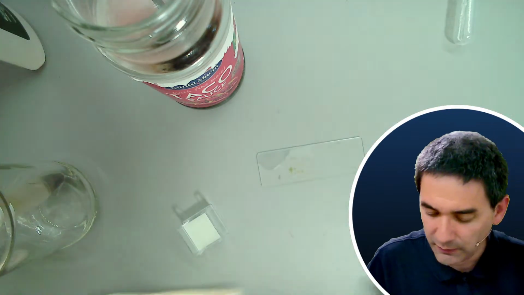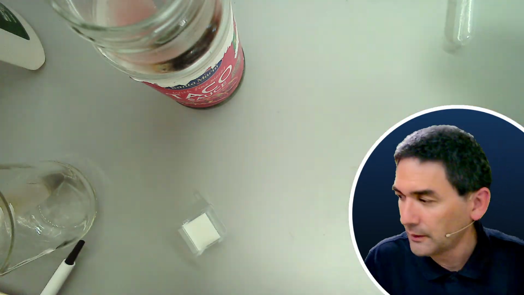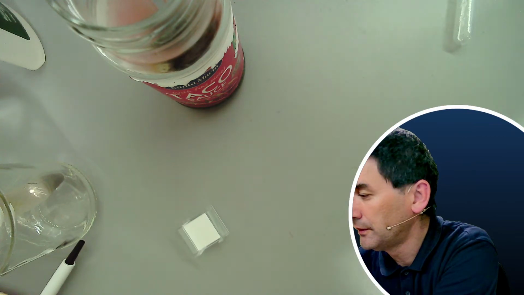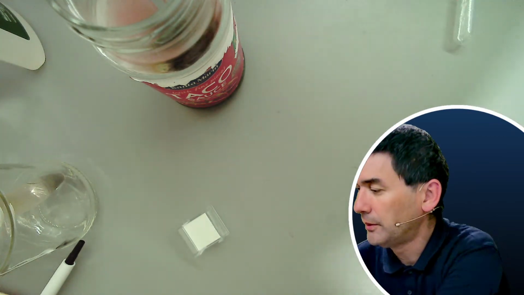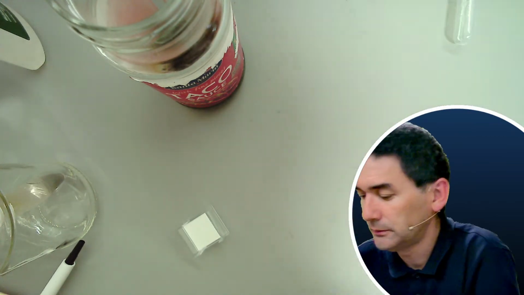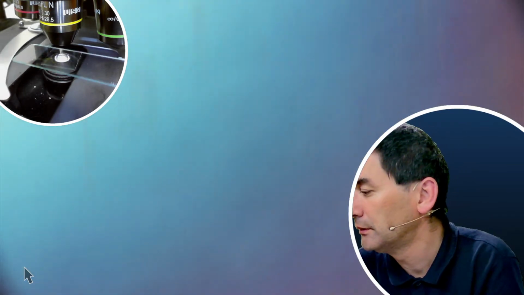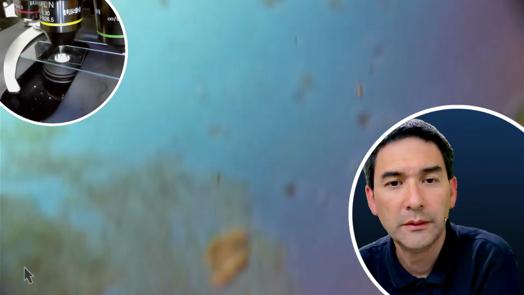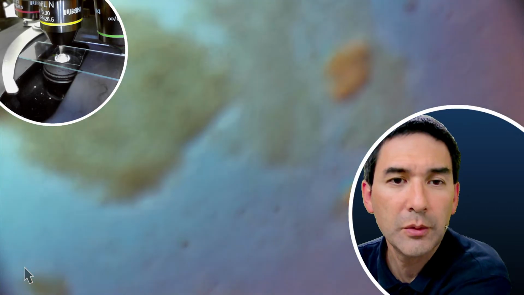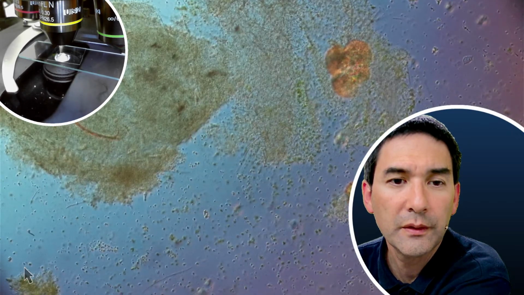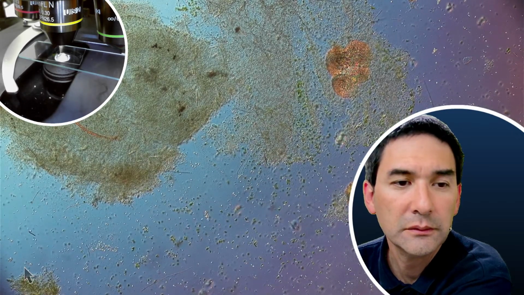So let's have a look. If we're able to find here, where is the microscope view? Yep, last time it was still full with... okay.